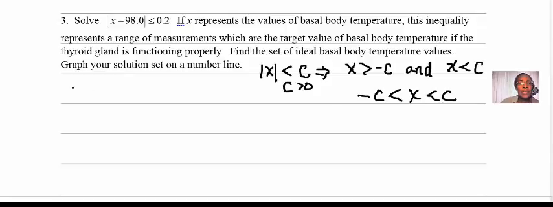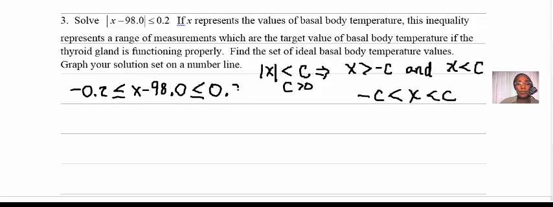All right, so in our case, our C is 0.2. So my algebraic expression, x minus 98.0, has to be bigger than or equal to negative 0.2 and at the same time smaller than or equal to positive 0.2.